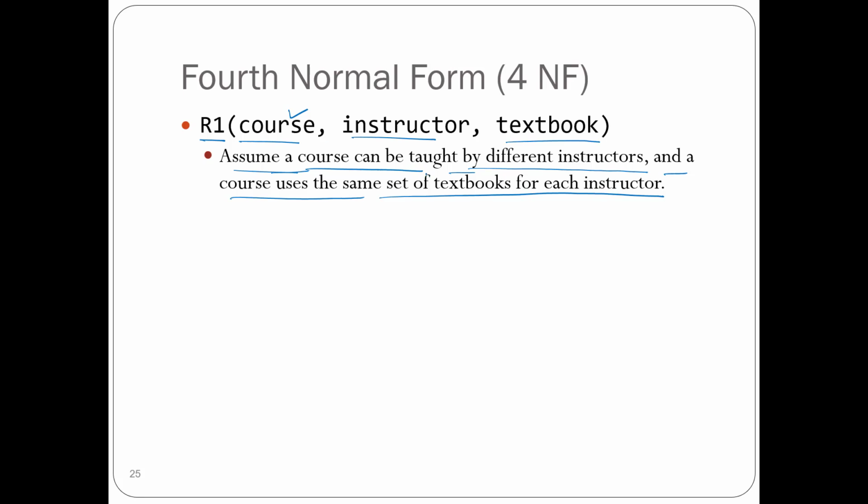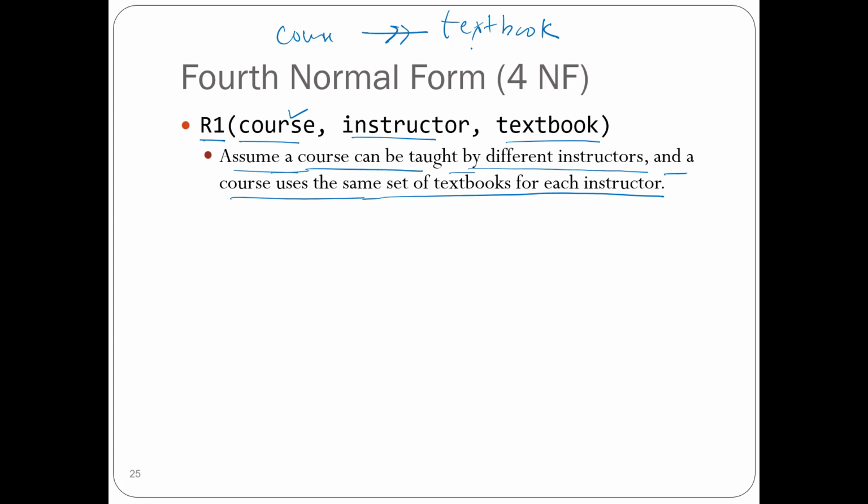So a course can be taught by different instructors, and the interesting thing is a course uses the same set of textbooks for each instructor. So what we have here is course multi-valued dependency to textbook. As an example, if the course is database management, then probably we can think of 3 textbooks for that course, doesn't matter whoever the instructor is.